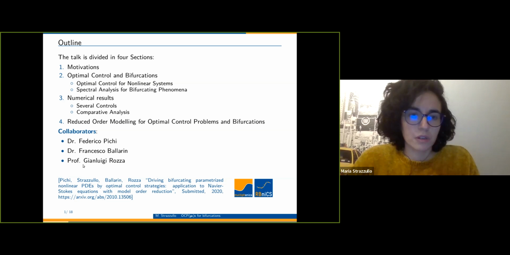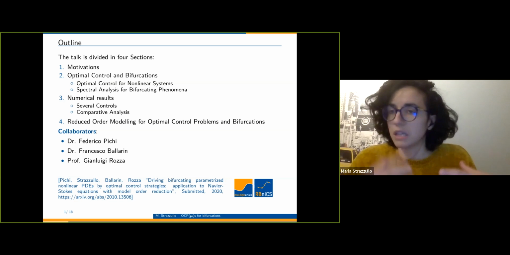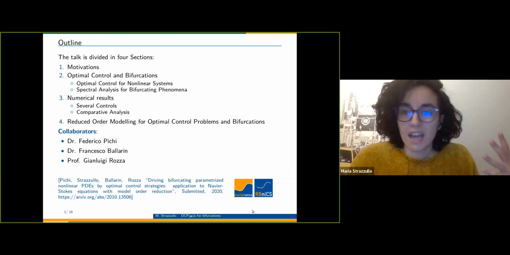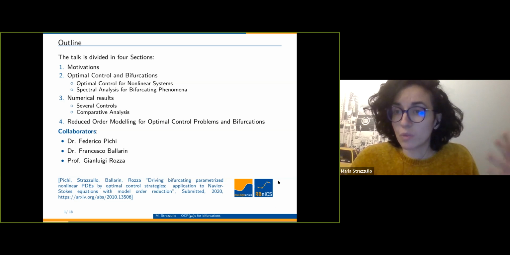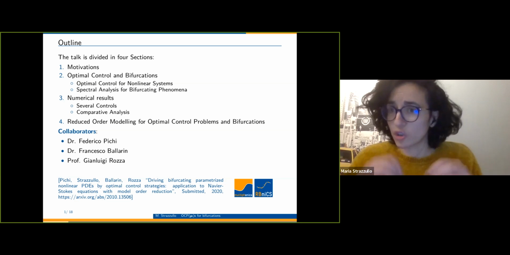The work is basically this. You can find this paper online on arXiv, and there are the numerical results and the theory that I will try to present in 30 minutes today. All the results have been coded with these two open source libraries that we developed at SISSA mathLab, the research group where I work.